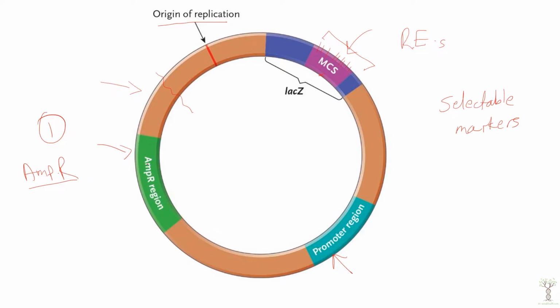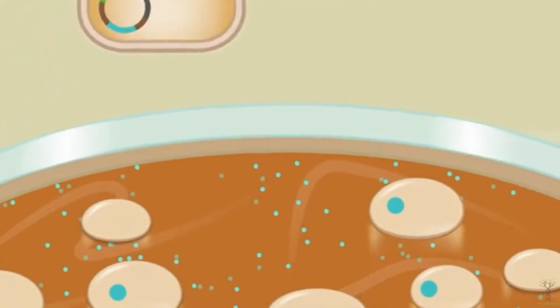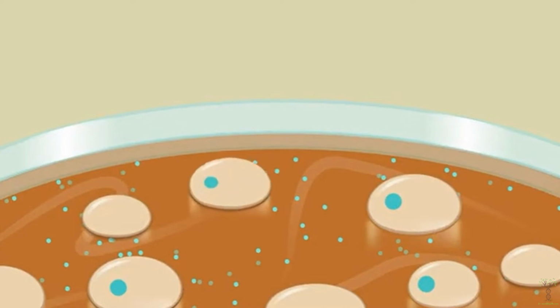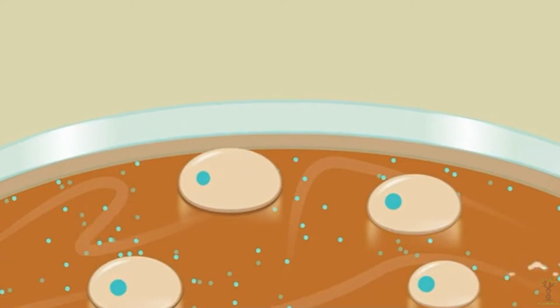So this means that when bacteria contain this plasmid that has this resistance gene, they can grow on a plate containing this antibiotic and they won't die. So this is an important selectable marker because only bacteria that contain the plasmid will survive on the plate.